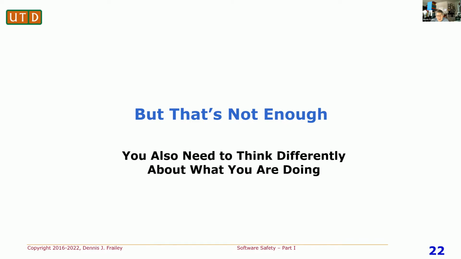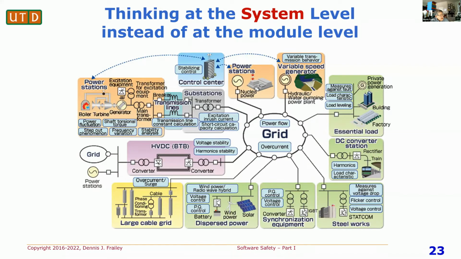You also need to think differently about what you are doing. It requires a kind of mind shift in terms of the software developer. You have to think at the system level instead of the component or module level. That is a picture of a power grid and all the different parts that have to be interconnected in order for it to work properly.